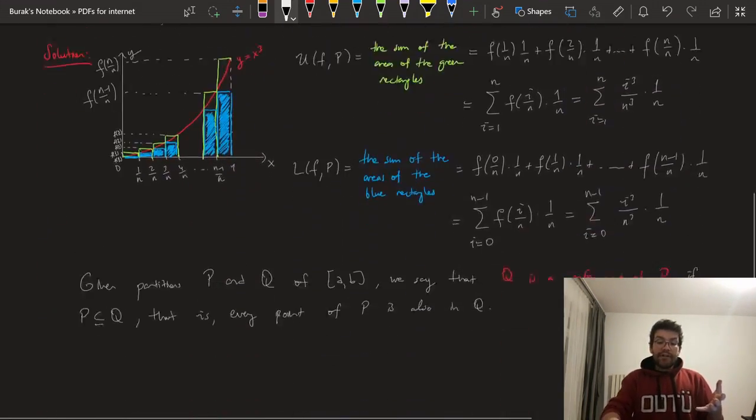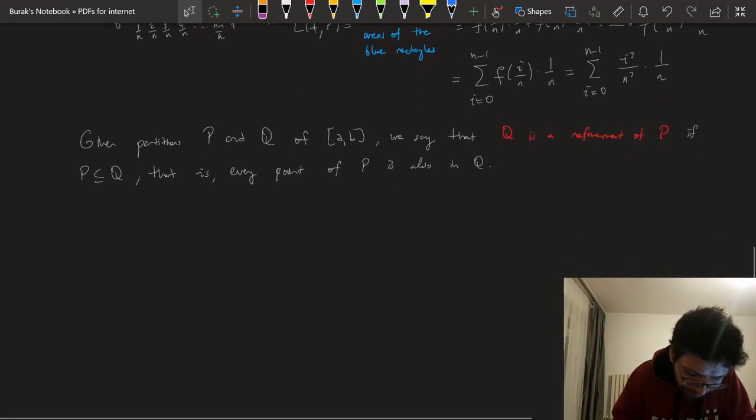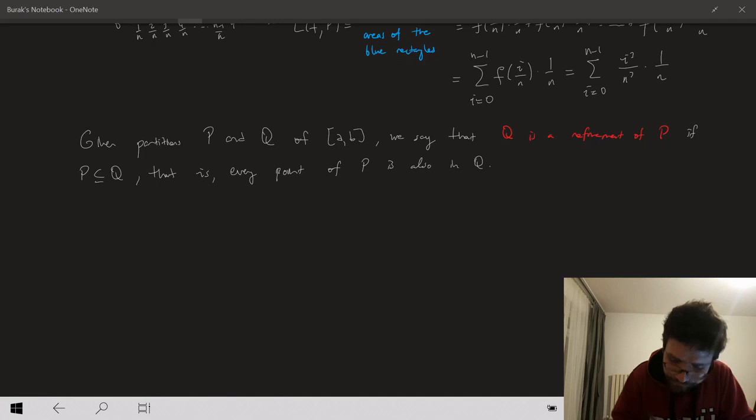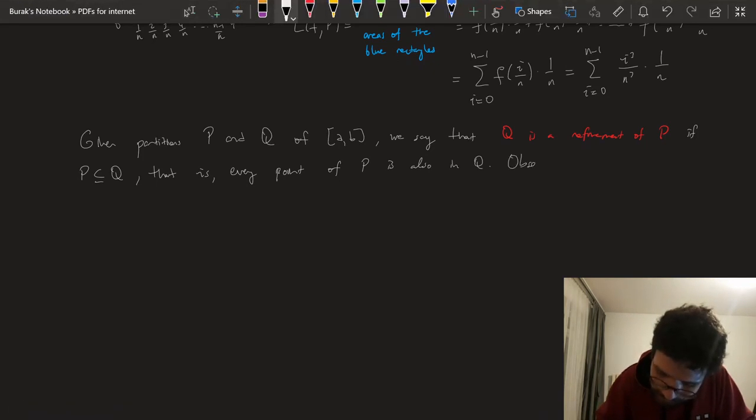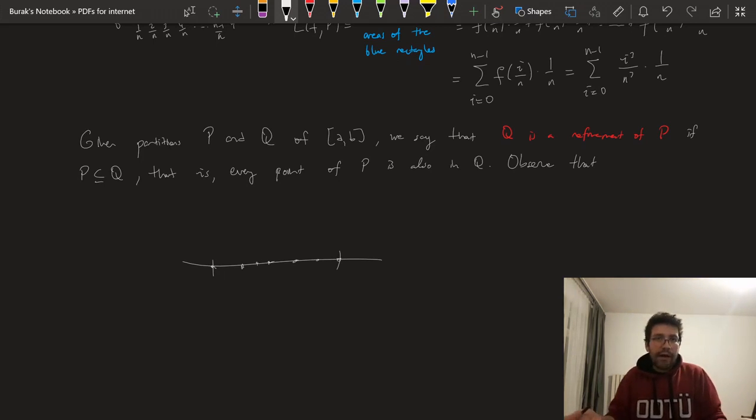I say that a partition Q is a refinement of a partition P if every point in P is already in Q. So Q presumably has more points, okay? So if I have a partition like this, I have these points. When I put more points, I get a refinement, okay?